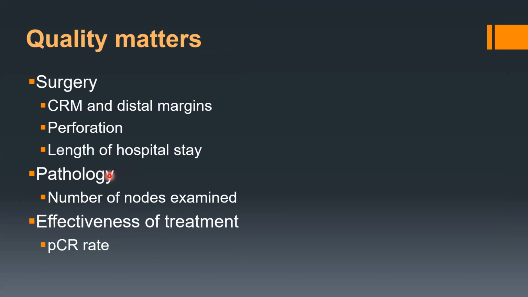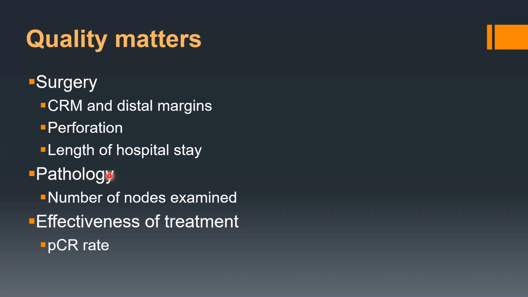Now, at the end of the treatment, or at least at the end of surgery, there are several quality parameters that matter. In terms of surgical parameters, it's the CRM positivity or negativity, and the distal margins. So they need to be clear. And the distal margin positivity rate needs to be less than 10%. The CRM positivity rate needs to be less than 7-8%.